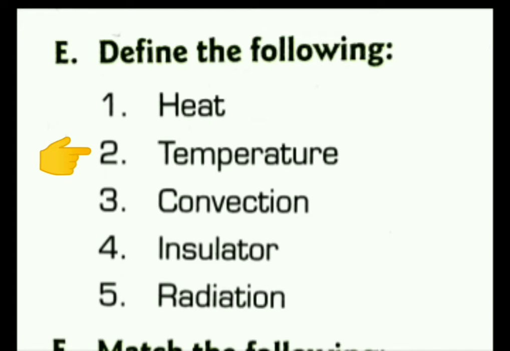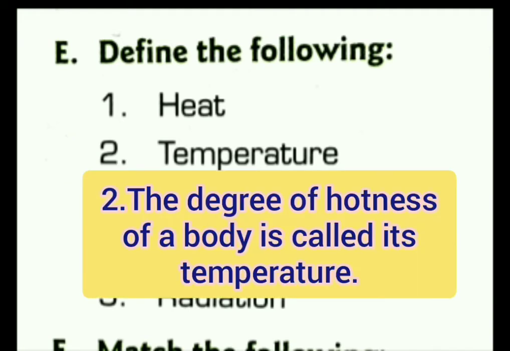You have to define temperature. Students, temperature is the degree of hotness of a body or a substance. You can define temperature as the degree of hotness of a body.